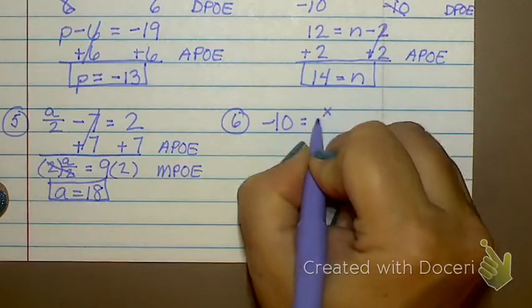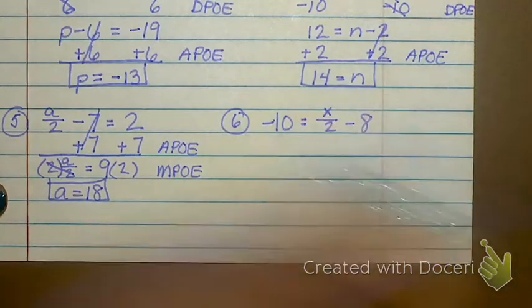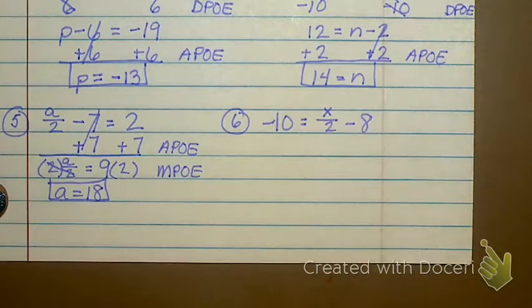Negative 10 equals x over 2 minus 8. All right, what do I do first?